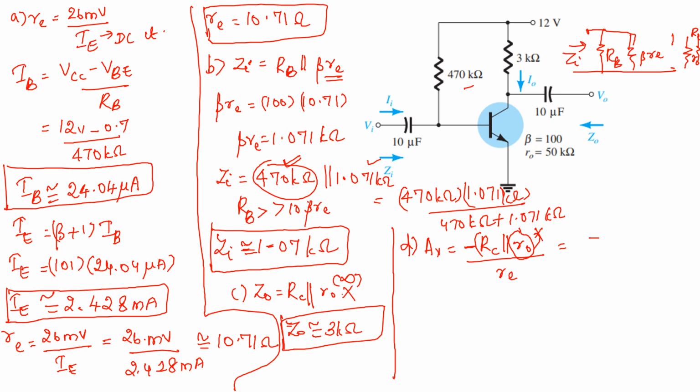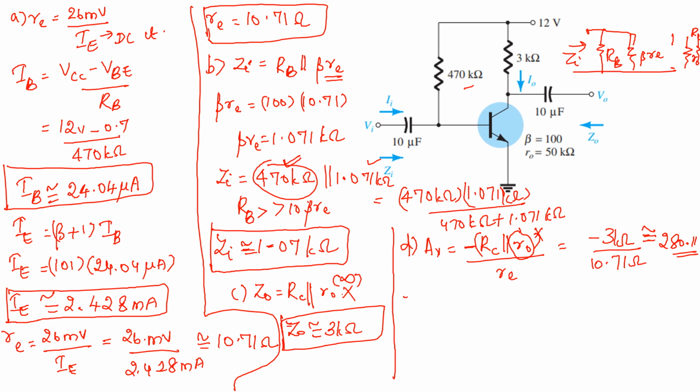So minus RC, which is 3 kilo ohm, divided by re, which you have already calculated, 10.71 ohm, right? So you will be getting the value approximately as minus 280.11 gain. Gain doesn't have a unit.